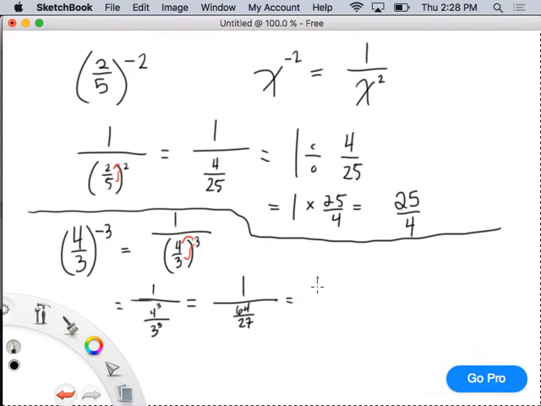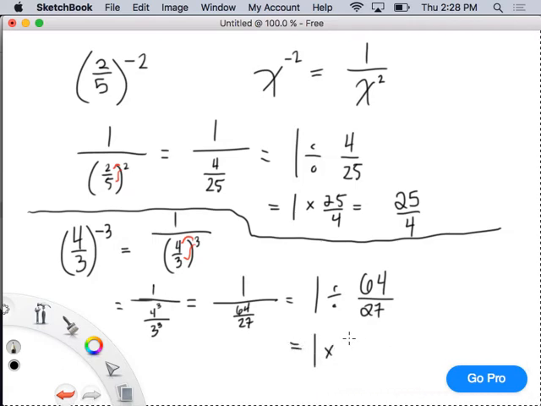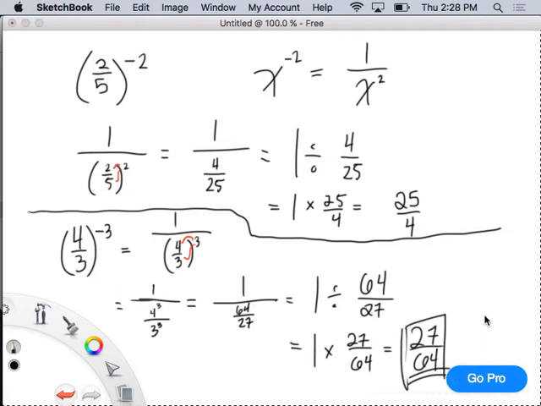This is equivalent to 1 divided by 64 over 27, which is equal to 1 multiplied by 27 over 64, which equals 27 over 64. Does that make sense?